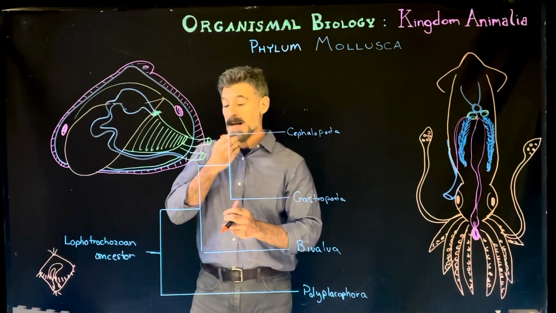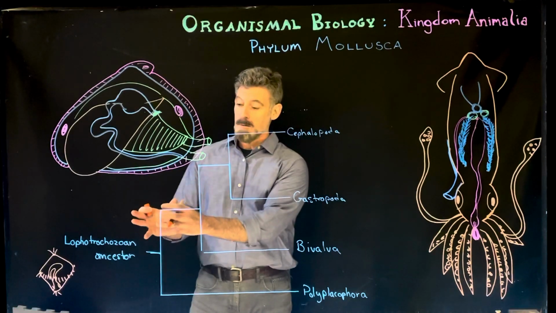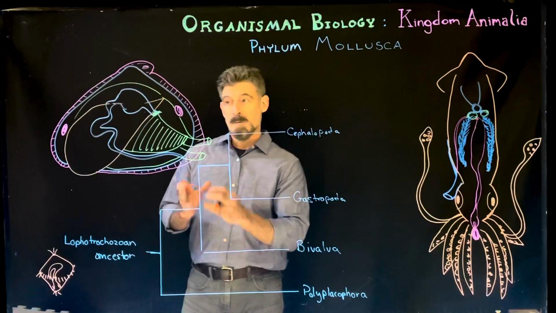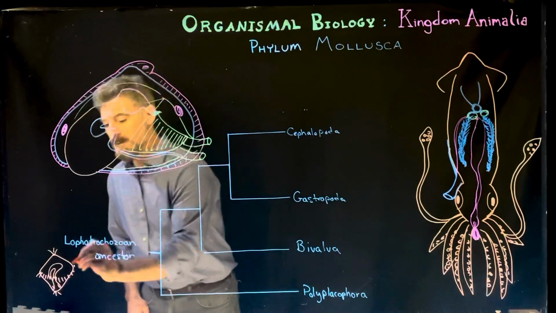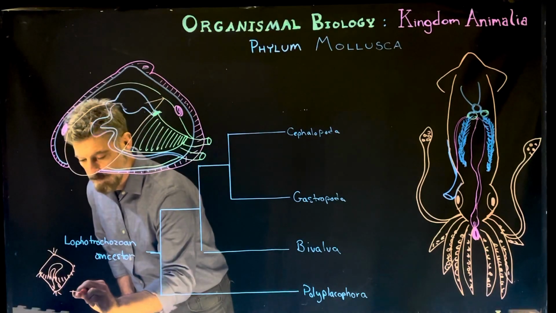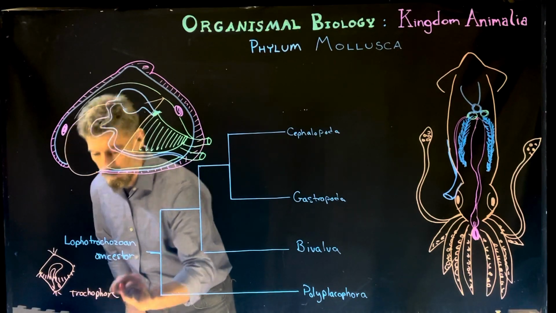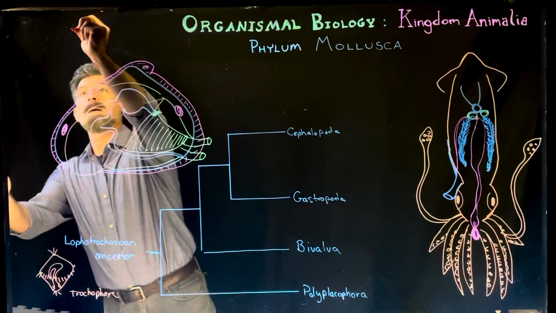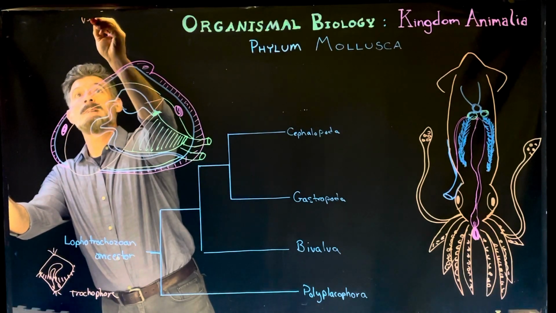In addition to that, many mollusks will then have this trochophore larvae transform or metamorphose into a veliger larvae. So this is the trochophore. And the trochophore may then metamorphose or develop into a veliger.